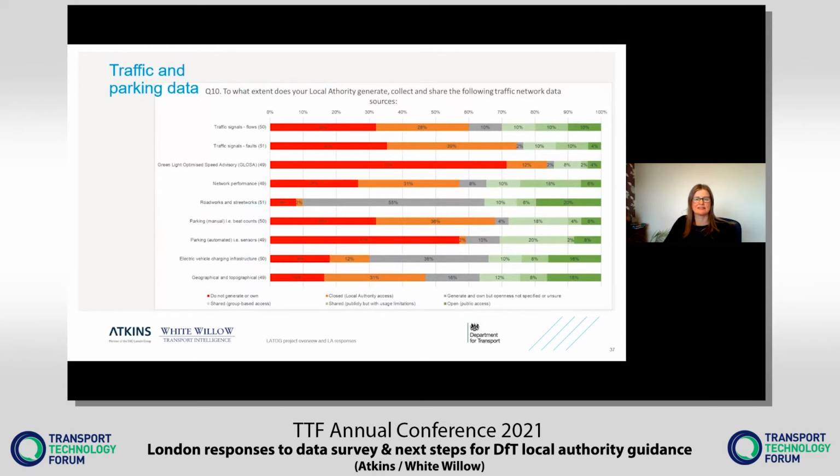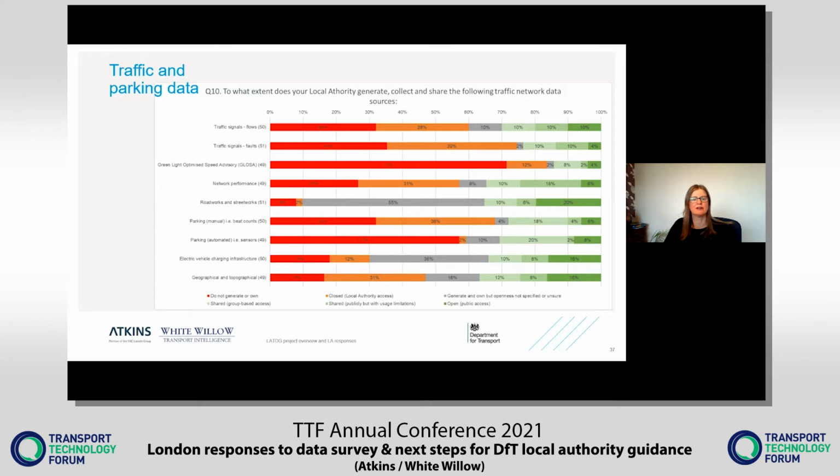So this is getting into the details. These were some types of data that we asked people about, and the red and orange shades mean that the local authority doesn't generate or own the data, or that they have it but it's closed, not shared. Whereas the green shows various levels of sharing the data. This is across all of the authorities.